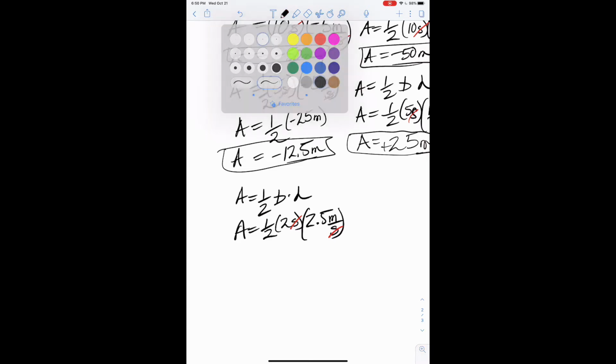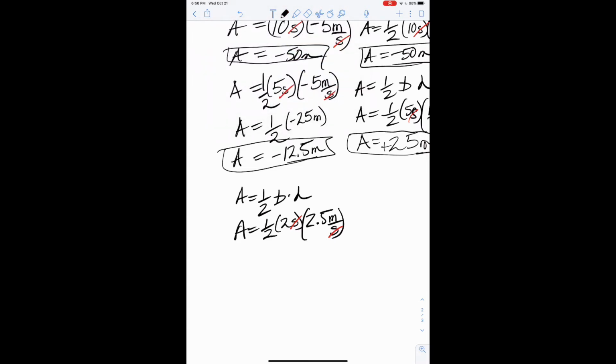Go ahead and multiply that across. 1/2 times 2 is 1, and 1 times 2.5 is just 2.5. So we're saying that area that's missing is worth 2.5 meters. If an entire box is 50, we can just subtract that missing 2.5 meters, and so we get 47.5.